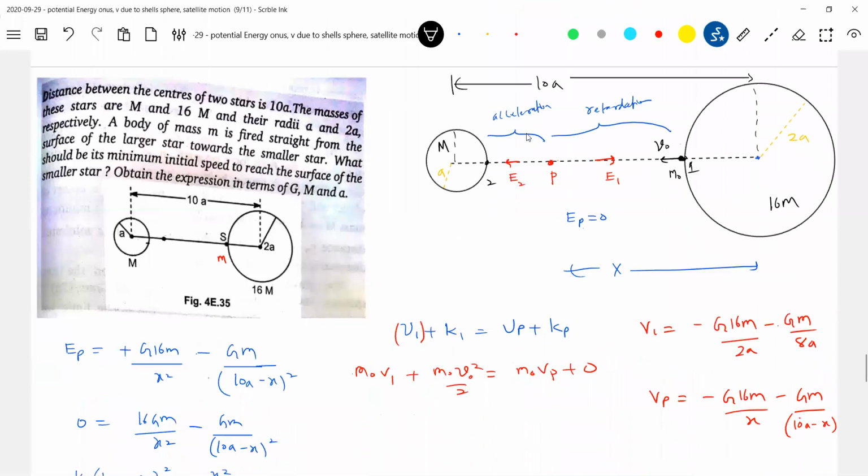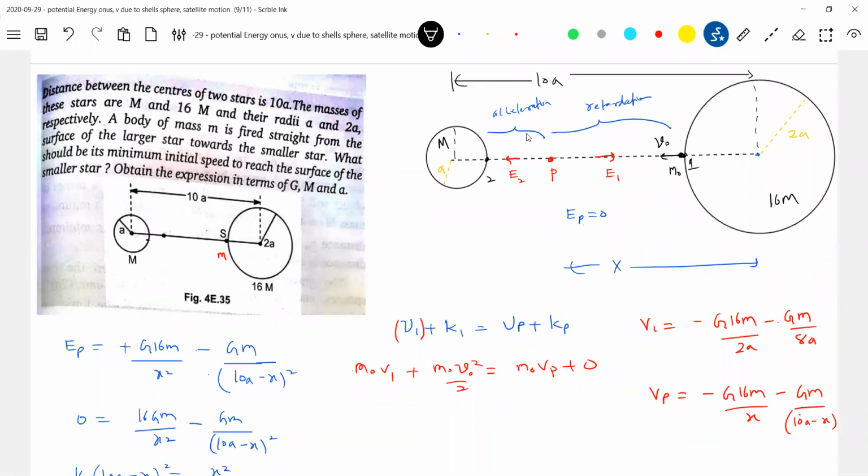Potential at point 1 due to larger star: the point 1 will lie on the surface, so minus G 16m by 2a. Point 1 will lie outside the small star at a distance 8a, so Gm by 8a. Then point P will lie outside for both the stars. This is the formula.